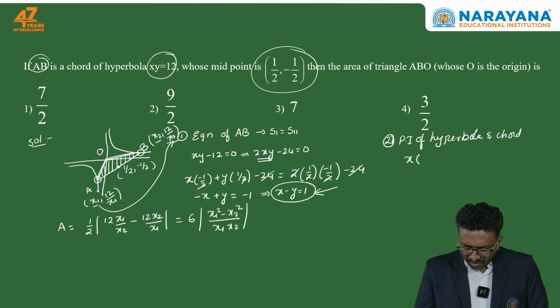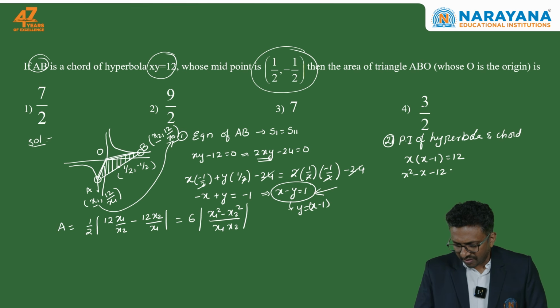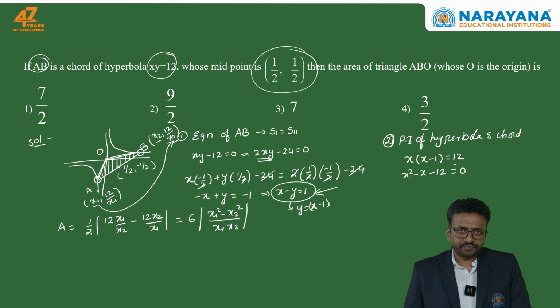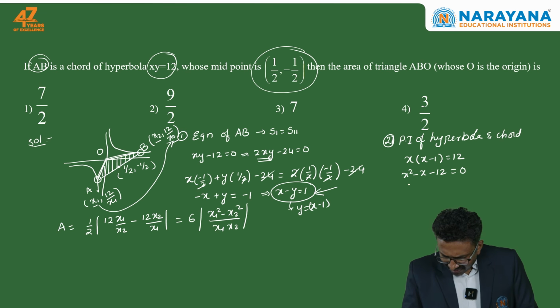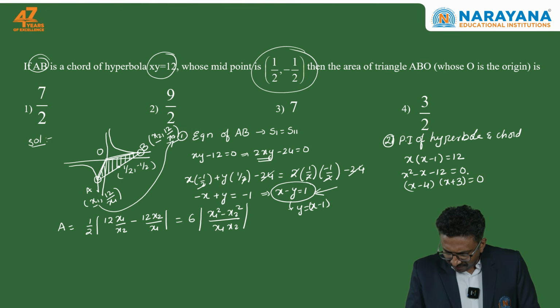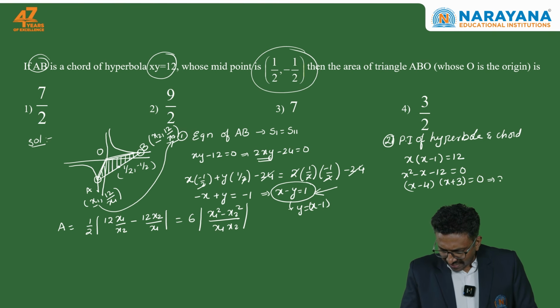So x into, in the place of y, from the line y is equal to x minus 1, so x into x minus 1 is equal to 12. So you get x square minus x minus 12 is equal to 0. It's 4 into 3, I think, right? x minus 4 into x plus 3 is equal to 0. So the x coordinates are 4 or minus 3.